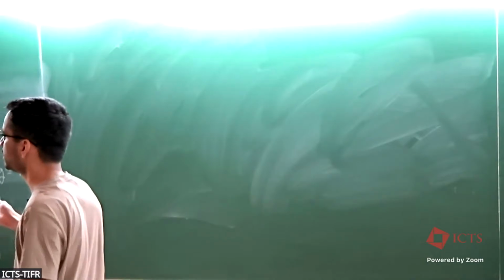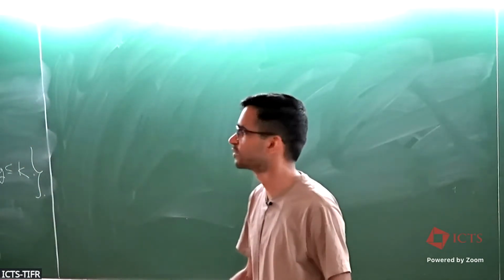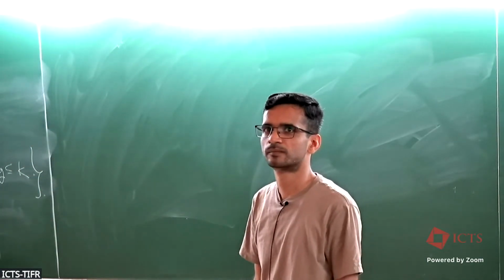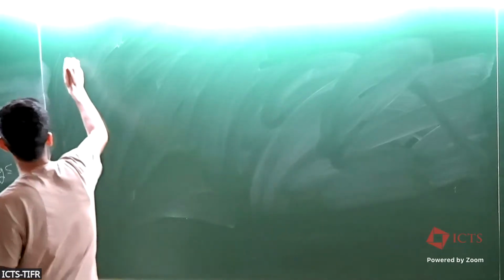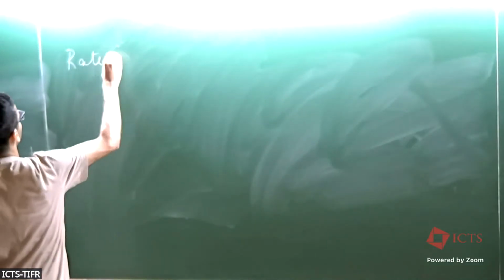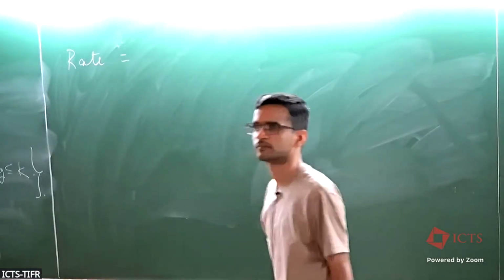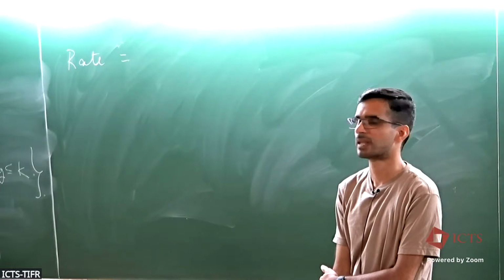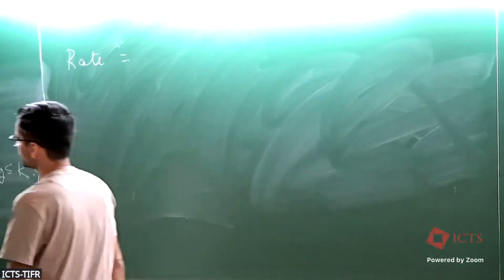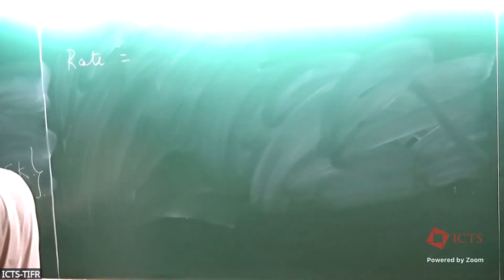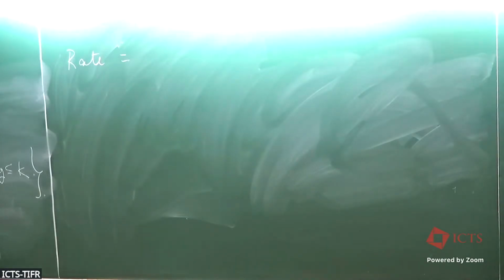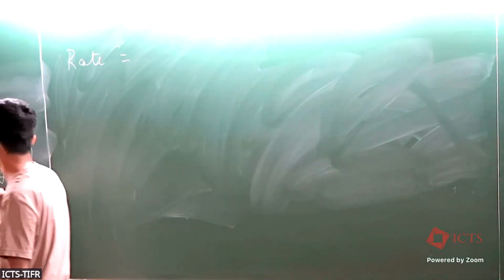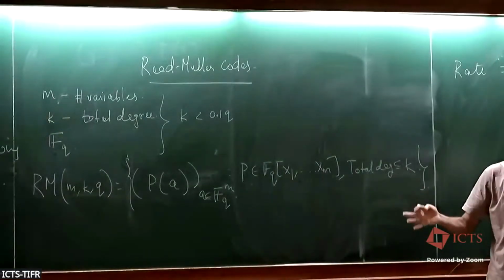Okay, so it's a linear code. What's the dimension of the code, what's the rate of the code? The size of the code is something like, for every polynomial P of M variables and degree at most K, there is a code word.